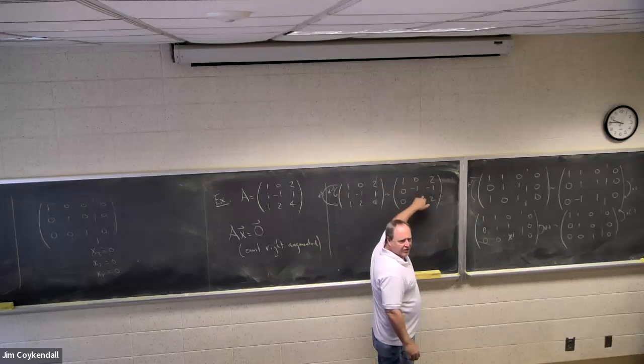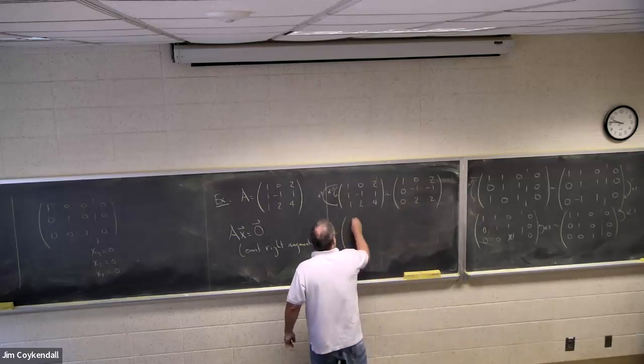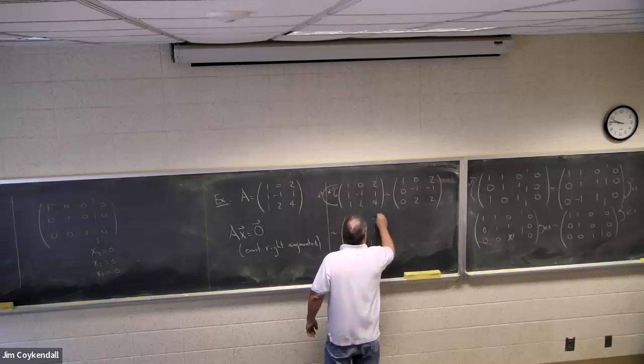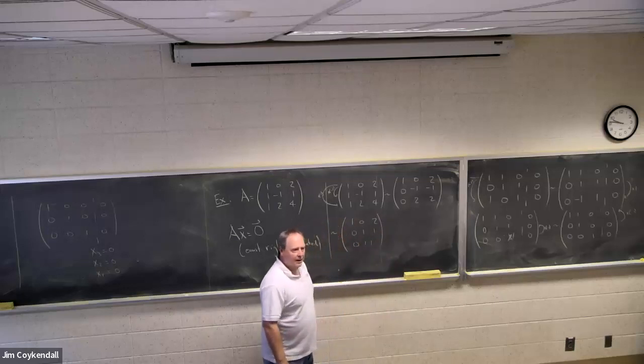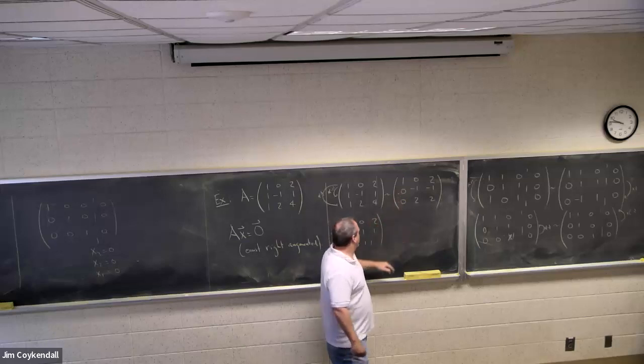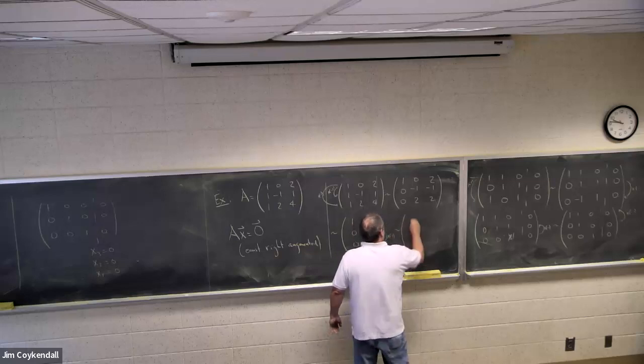Notice these two are essentially the same. Do I agree with that? Because both of us got -2 here. So let me do this: I just multiply this by -1 and this by a half. And now I'm going to use this to take out the bottom row.